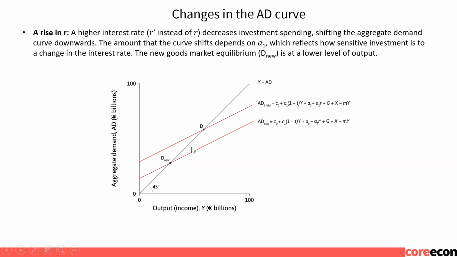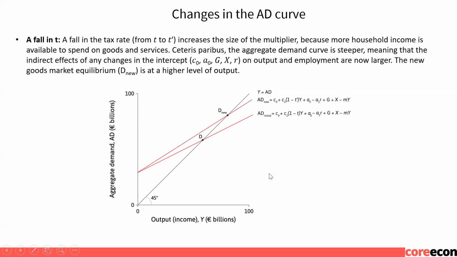Well, they cut down production. Those people won't be able to consume, and there's going to be less demand in the economy. That's going to lead to even less production, and we are moving to this lower equilibrium. So higher interest rates tend to reduce economic activity, and a lower level of output is the consequence of that.